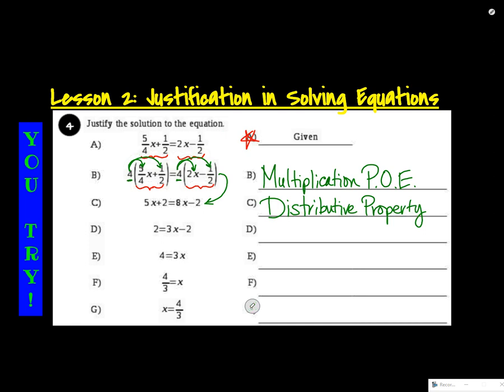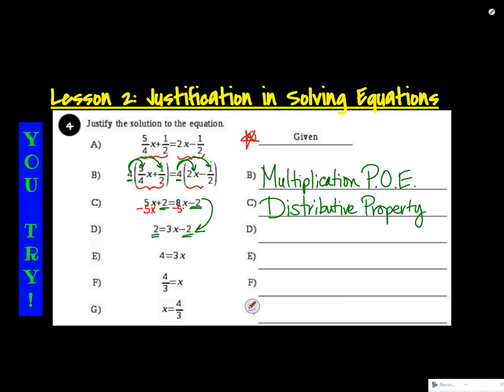All right, let's look from C to D. Now, some things are still the same. I have a 2. I have that minus 2. So those pieces are the same. Looks like we moved the 5x to join the 8x. And so how do you move a 5x? It's the opposite of a positive 5x, so that would be a negative 5x.